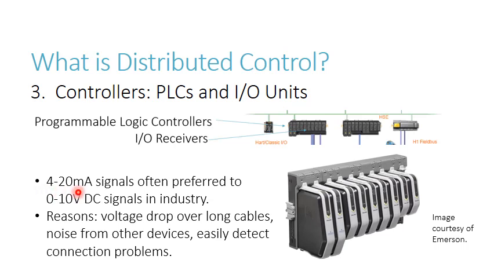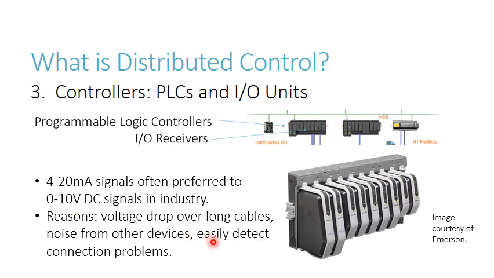There may be a small amount of noise on the line, but basically the current that leaves the transmitter also arrives here at the I/O unit, and noise doesn't really affect this constant current source. Whereas with the voltage source, especially on a very small time scale, like the millisecond or microsecond time scale, you can get pretty bad noise in the voltage measurement, which can obviously affect your control pretty badly.